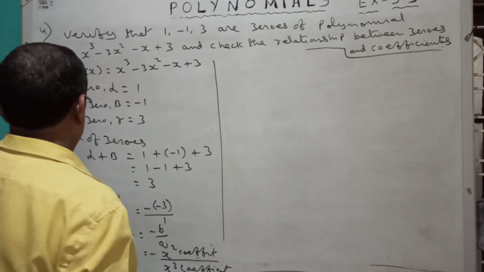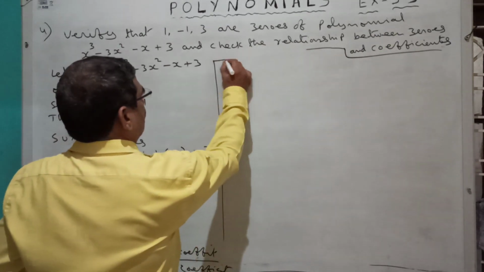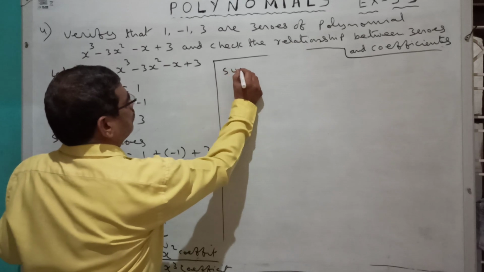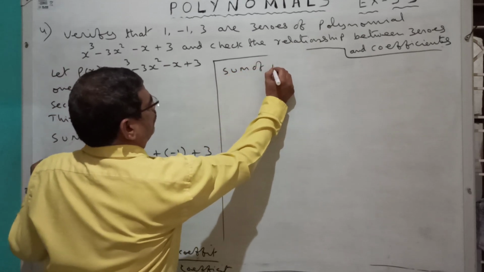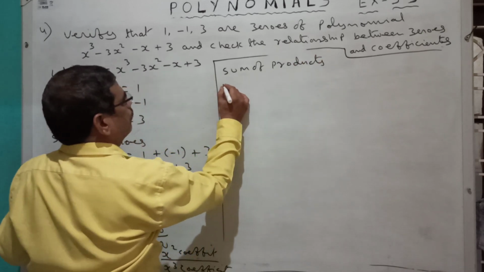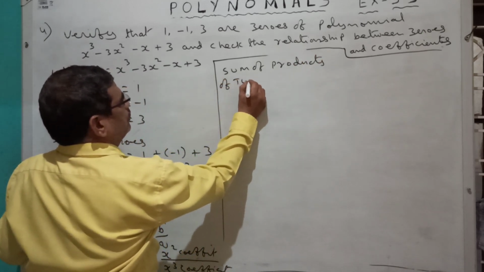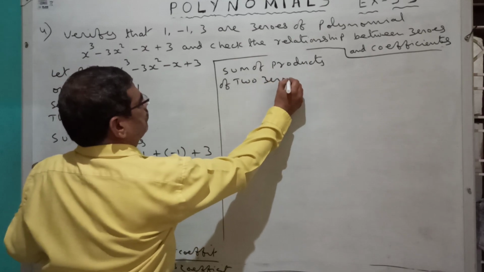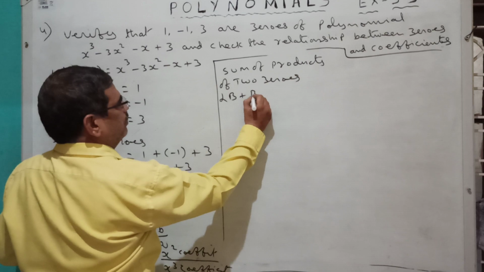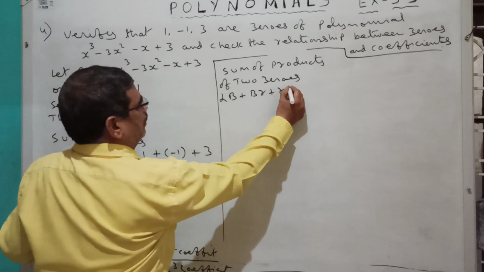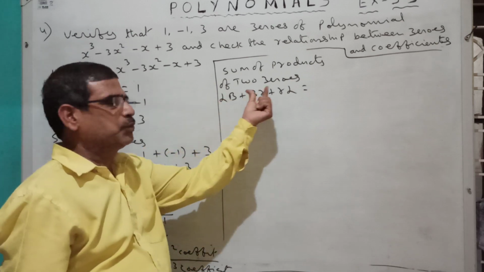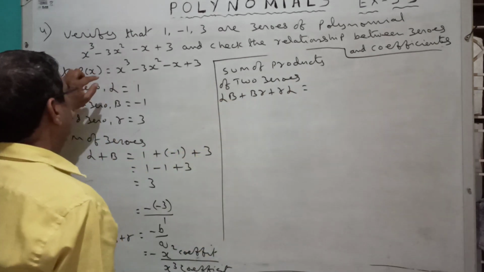Second one, the sum of products of two zeros, that is alpha beta plus beta gamma plus gamma alpha. I multiply two at a time.